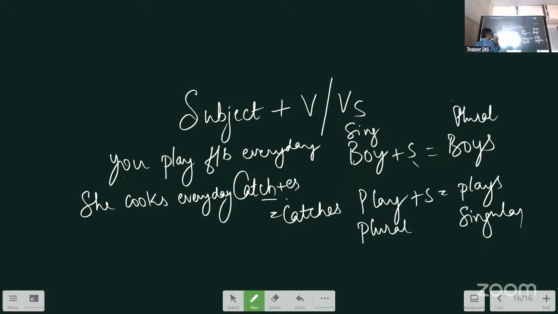Now, this is the subject, this is the verb. This is the subject, this is the verb. Now, when I say we, plural, it is the base form of the verb, the original form, play. For she, he, it, after adding the spelling, cooks. So, this is the structure for simple present.